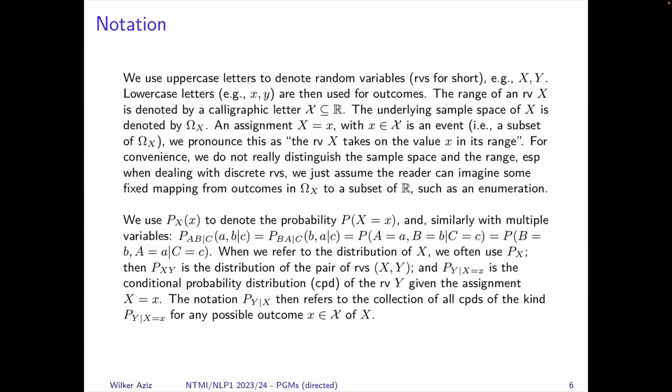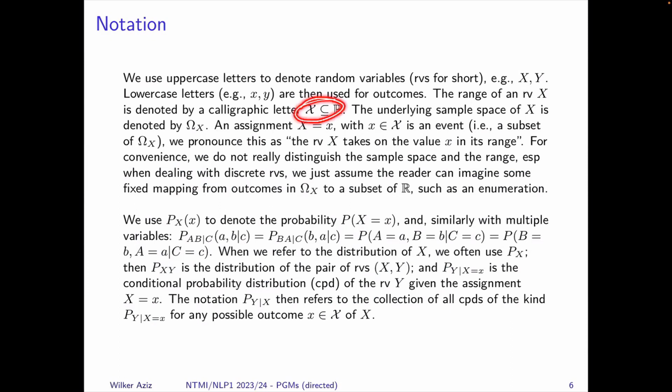I'm going to be using a lot of notation, so pause the video now and read it very carefully, and refer back to this slide whenever you are slightly confused about some notation, or ask a question afterwards. I'm just going to very briefly mention a few things. I'm going to be using uppercase letters for random variables, like these ones, and lowercase letters for their outcomes.